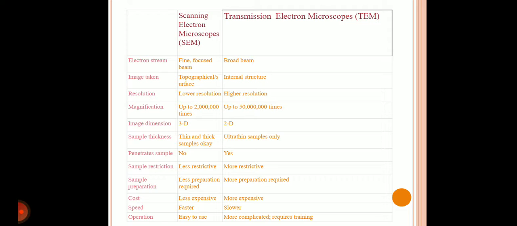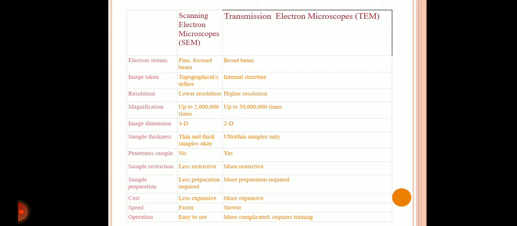Image dimension. It is 3D in a scanning electron microscope and 2D in a transmission electron microscope. Sample thickness. Thick and thin samples in SEM, and ultra-thin samples only in TEM. Penetrates sample. No penetration of the sample in SEM, and it penetrates the sample in TEM. Sample restriction.